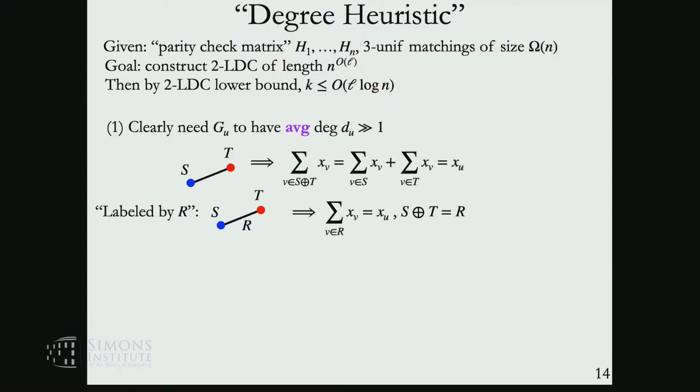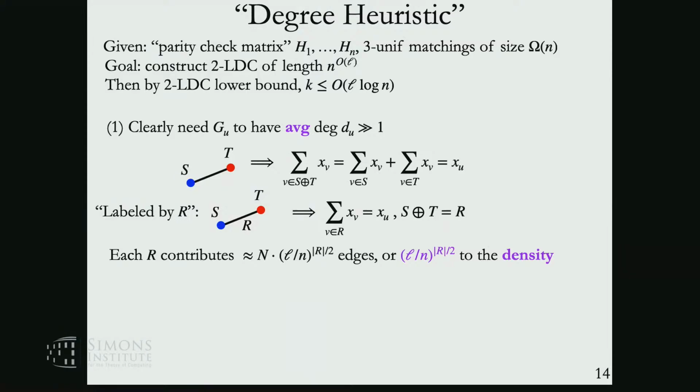Essentially, I can identify each edge. There's a reason for why I added the edge, and it's from this parity check equation that comes from R. And so I can compute, for a particular choice of R, how many edges am I going to add? It turns out that if you go through some ratio of binomial coefficients and do some calculation, the number of edges is like n times (L over n) to the size of R over 2, which adds basically this (L over n) to the size of R over 2 to the density or the average degree.